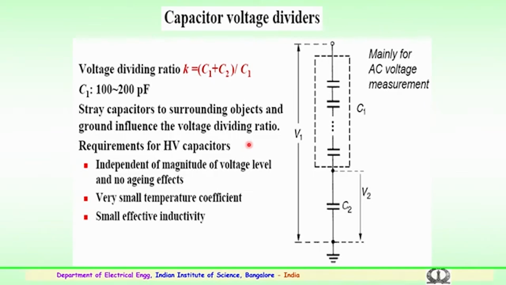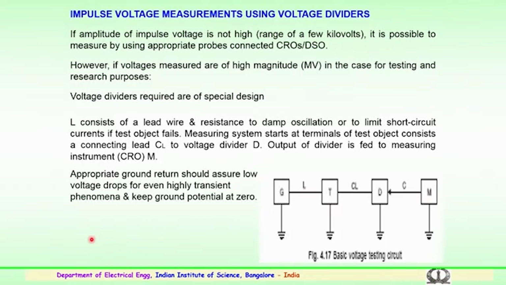So, no aging effect should be seen; the value will change in case of aging, if the capacitance value changes over a period. This is very important, and a very small temperature coefficient and small effective inductivity is permitted. So, lead inductance is also reduced here because of the use of capacitance.